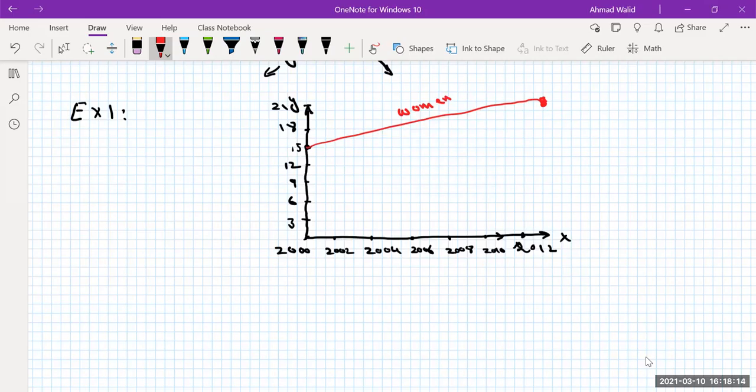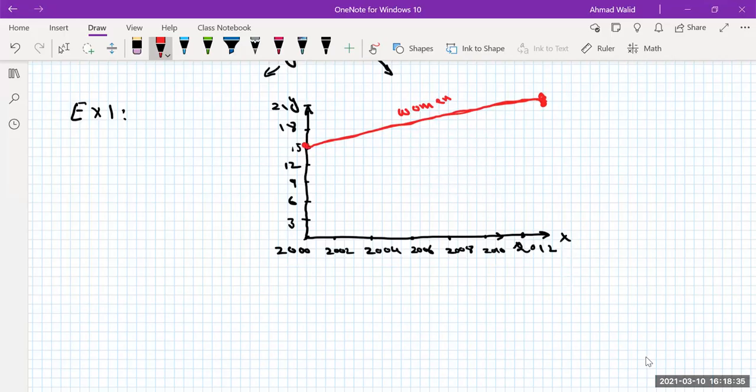Find the slope of the line segment for the women. Describe what this slope represents. Very easy. For some of you, maybe it looks really difficult what they are asking. It's a word problem. They're asking you actually to find the slope of this line.